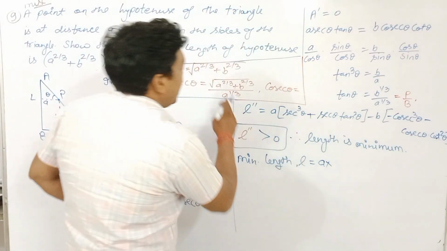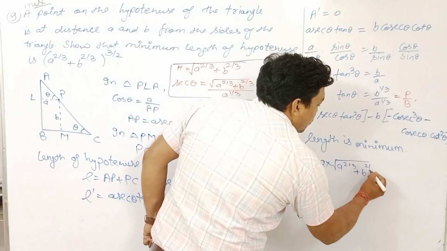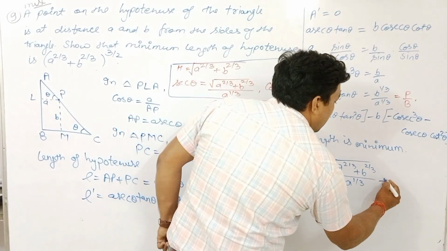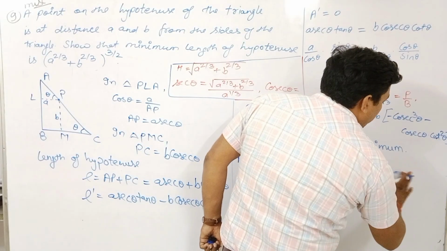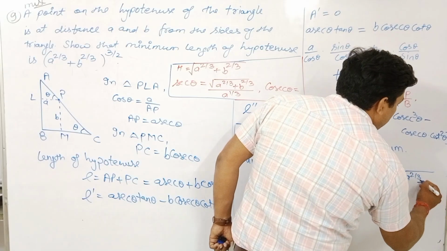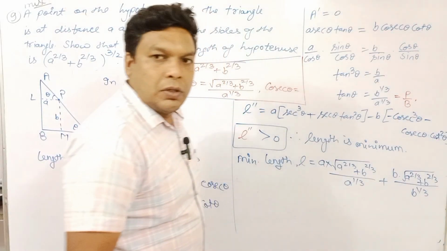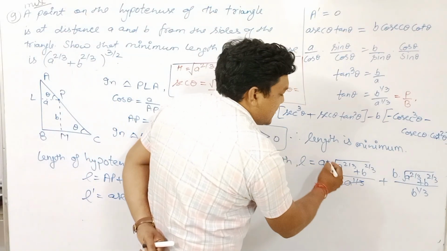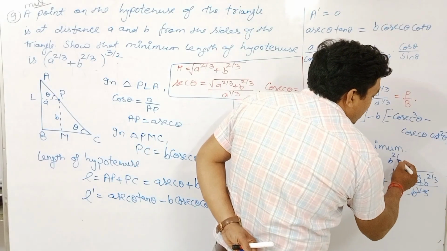So A into, ध्यान से देखिएगा, it is square root of a power 2 by 3 plus b power 2 by 3 upon a power 1 by 3 plus b into square root of a power 2 by 3 plus b power 2 by 3 whole upon b power 1 by 3. Now look, this is a power 1 by 3 and this is a power 1 by 3. ये अगर इससे कैंसिल आउट करेंगे तो it will be a power 2 by 3. This will be cancelled out, so b power 2 by 3.